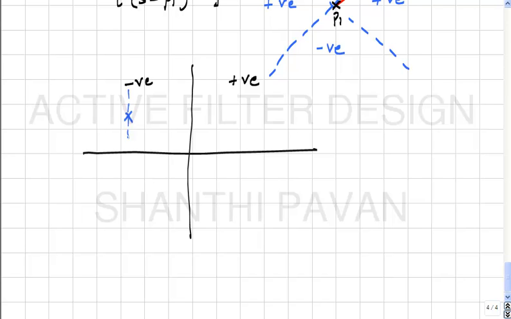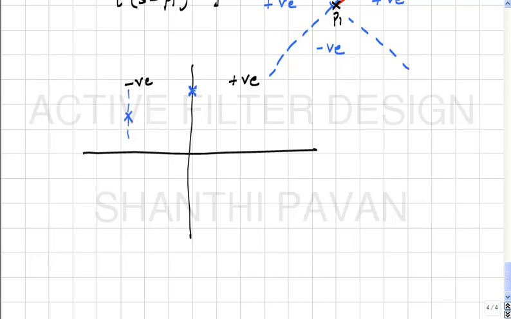So the only place where poles can be must be the imaginary axis. Is this clear? Okay. Now on the imaginary axis, poles can be of multiplicity 1, 2, 3, 4 and so on. Correct? Can we have two coincident poles on the imaginary axis? No. Why?